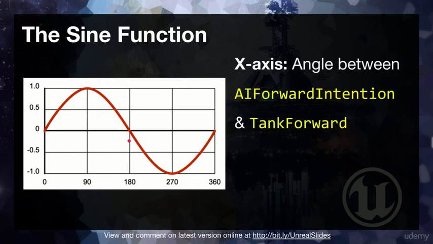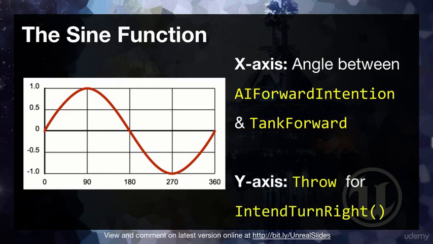Well, the x-axis is the angle between the AI forward intention and the tank forward, just as before. And the y-axis is the throw that we're going to pass, but this time to intend turn right rather than to intend move forward. So if there's no angle, i.e. if the AI forward intention is already aligned with its forward, if it's already facing in the direction the AI wants it to go, then how fast should we turn right?